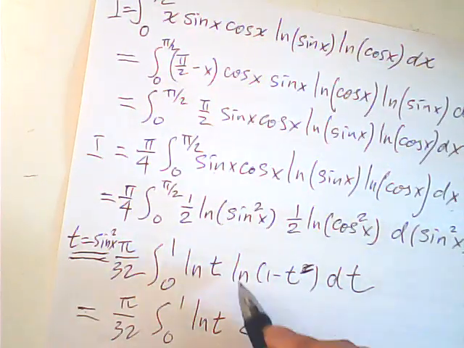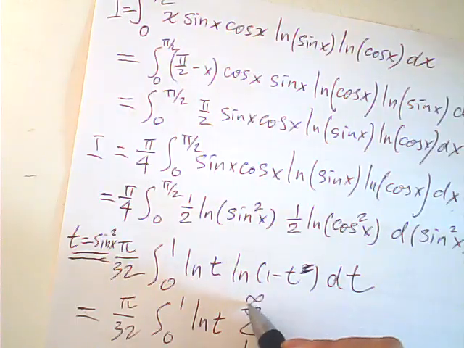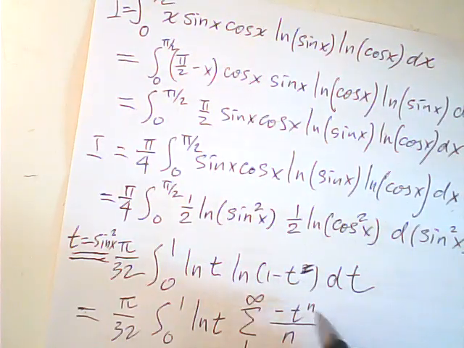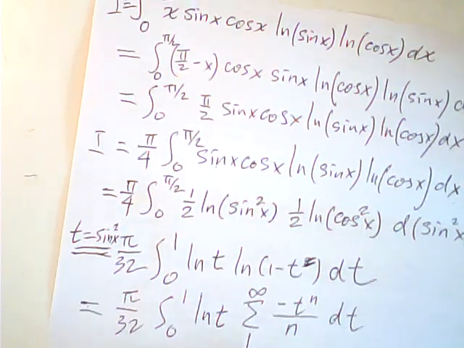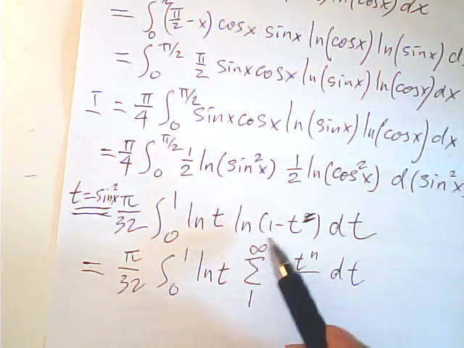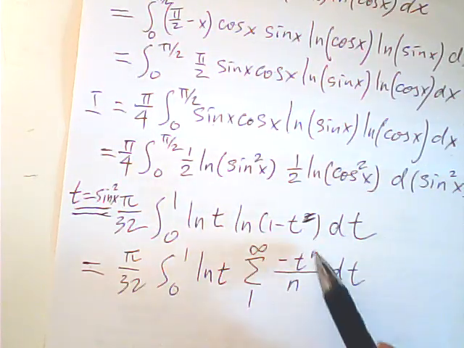So this could be written as the series of negative t to the n over n. Well, I believe you know this: log of 1 minus t is equal to this.